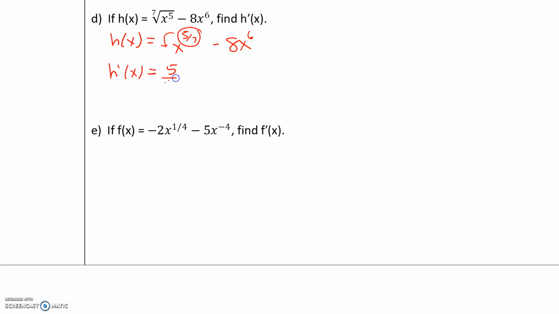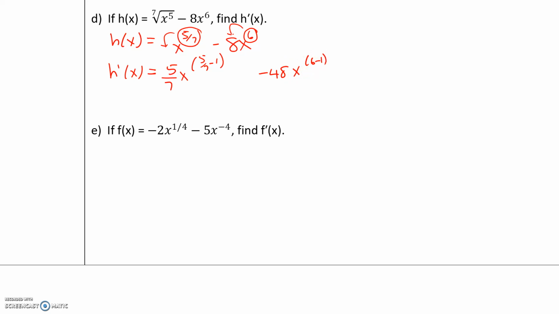So we have 5 over 7, and then we take our exponent and subtract 1 from it. The 8x to the sixth, the 6 is going to multiply with the 8, so this gives us negative 8 times 6 is 48. And then we're going to subtract 1 from the exponent.